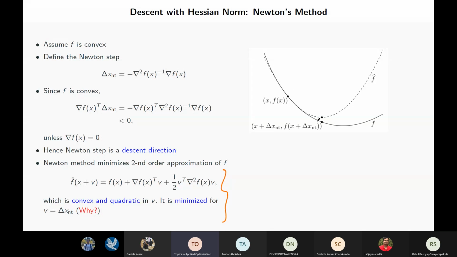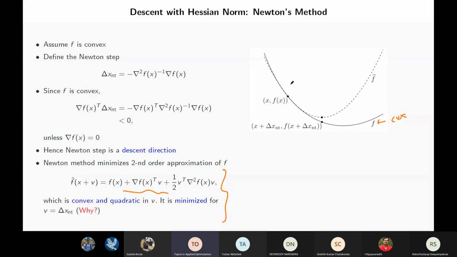As I said before, I have already given you an intuition behind that. This is the local approximation you have with the Newton method. This f is your original function, which is convex, and then you did a second order approximation here, so it's nicely matching with the curvature.